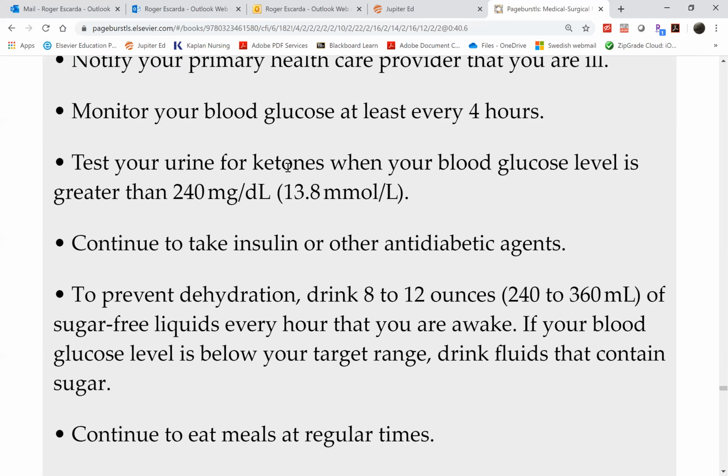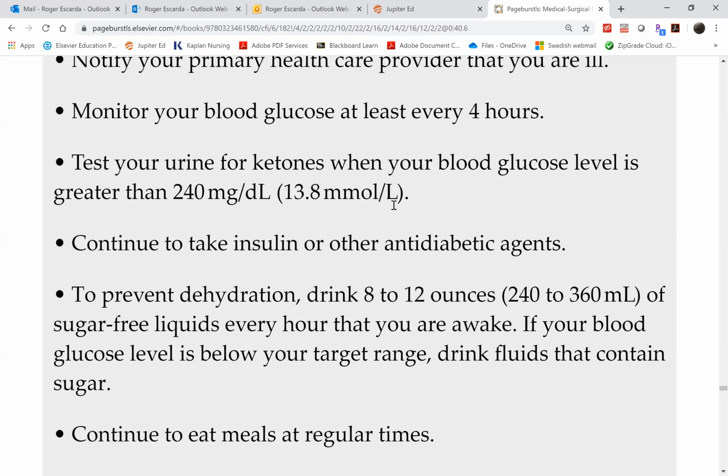We have over-the-counter urine ketone kits available in any pharmacy. They're not that expensive, or you can also have your insurance company cover it. So these are emergency kits you can use safely at home. So if your urine tests positive for ketones, then you call your physician.